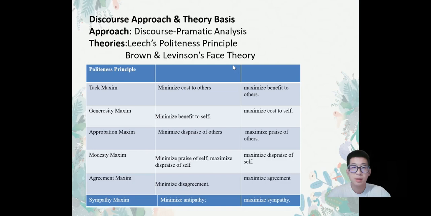In this presentation, I'm going to put more stress on the first theory, the Politeness Principle, and you can see the blanks below. There are six maxims of the Politeness Principle: tact maxim, generosity maxim, approbation maxim, modesty maxim, agreement maxim, and the sympathy maxim.